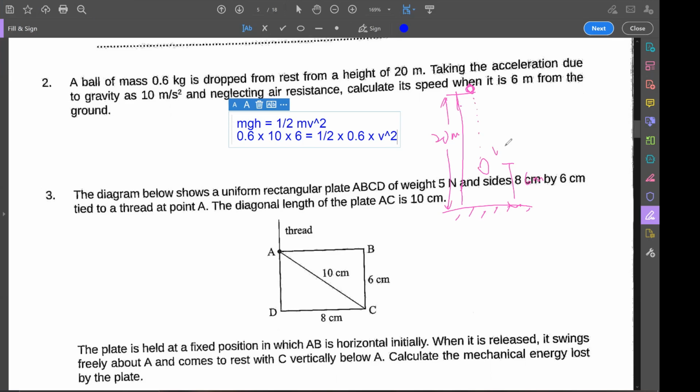Then they ask you what is the speed here. 36 equals to half times 0.6 times v squared.